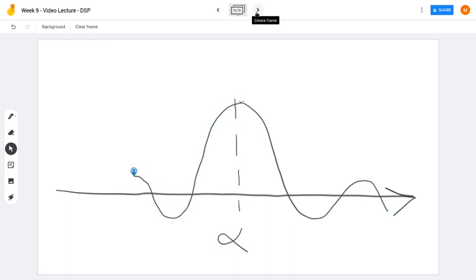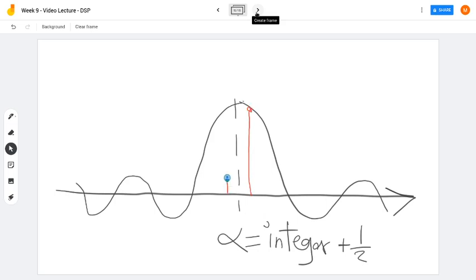So if alpha is equal to integer plus half, so let's say 3.5 or 4.5, then during the sampling we will not be having a sample at alpha because it's integer plus half, but we will be having a sample just after and another sample just before, and these two samples will also be symmetric.